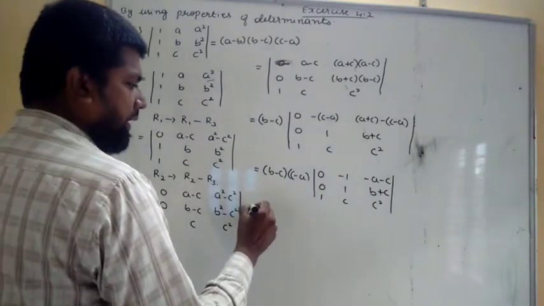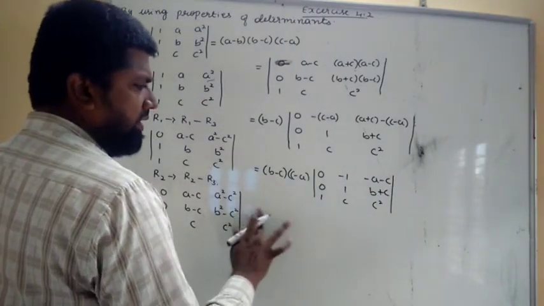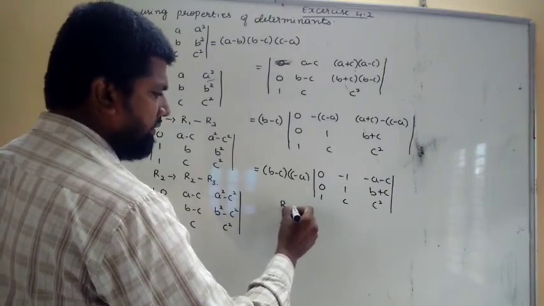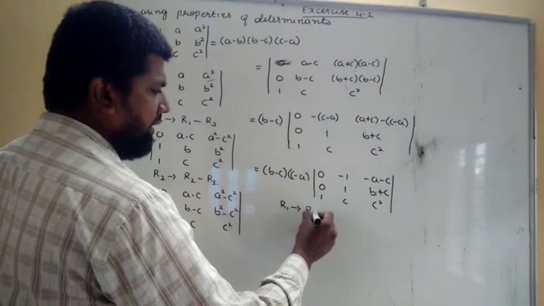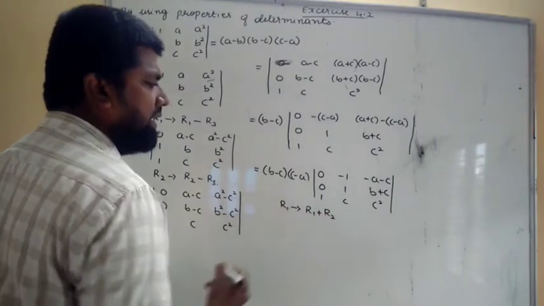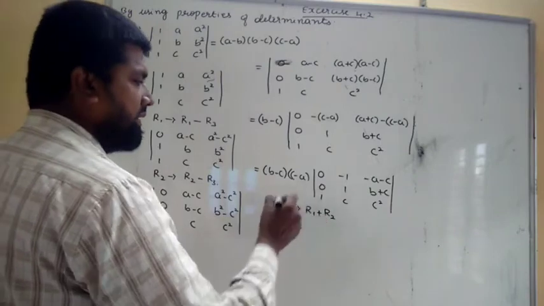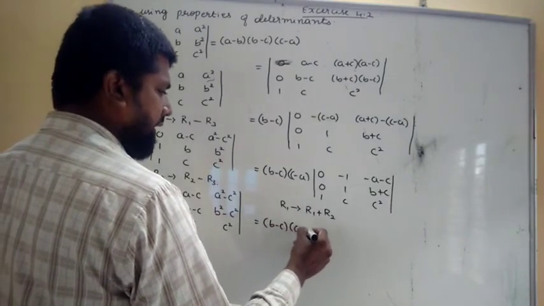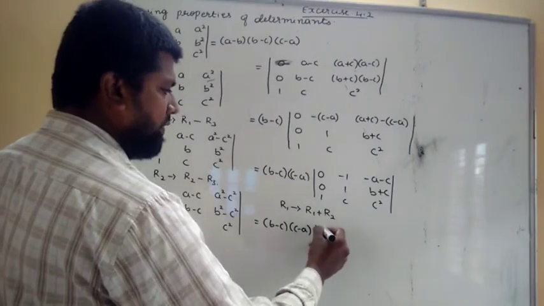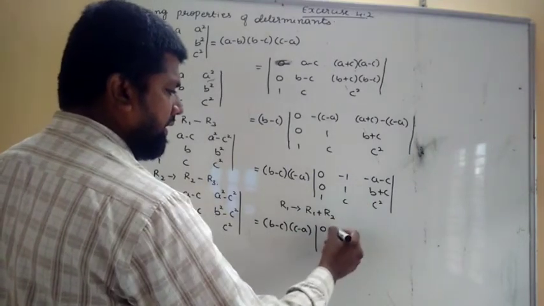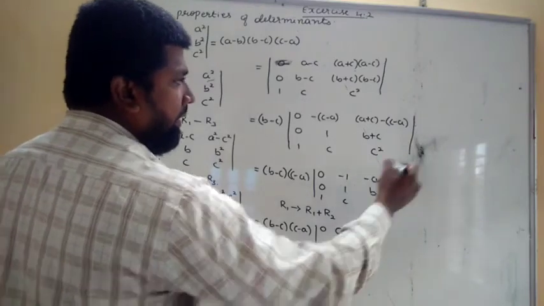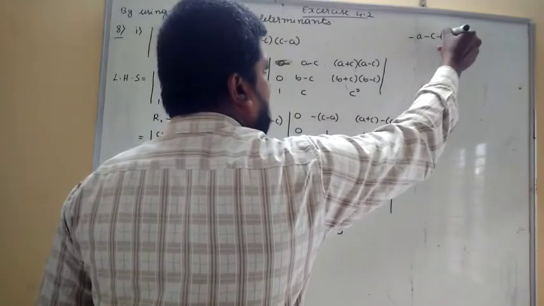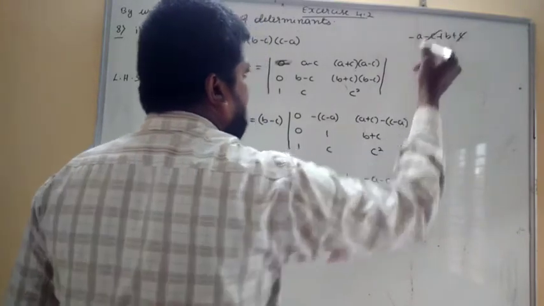So here we can change R1 to R1 plus R2. If you change R1 to R1 plus R2, so B minus C, C minus A, here 0, then again 0, then minus A minus C plus B plus C means plus C minus C get cancelled.